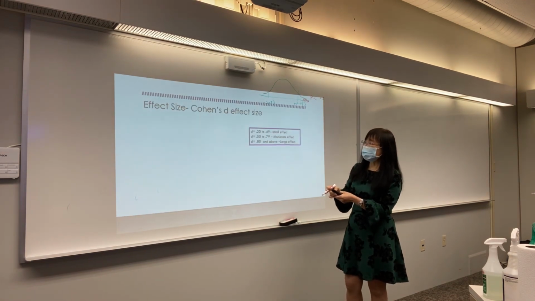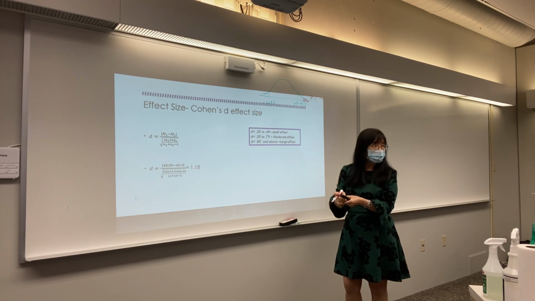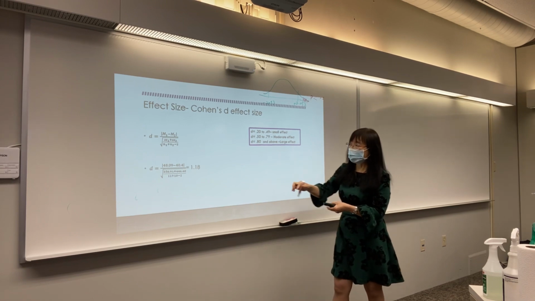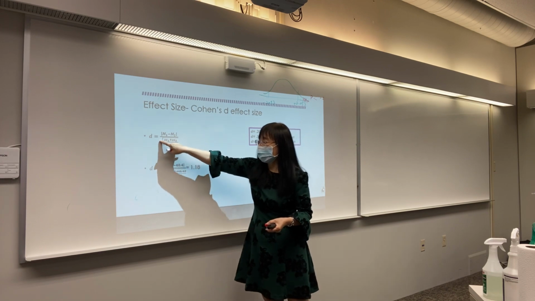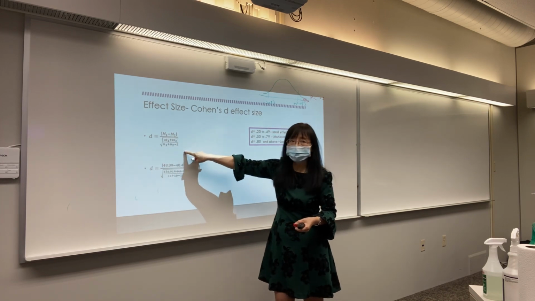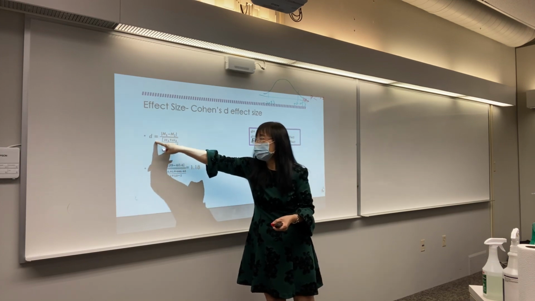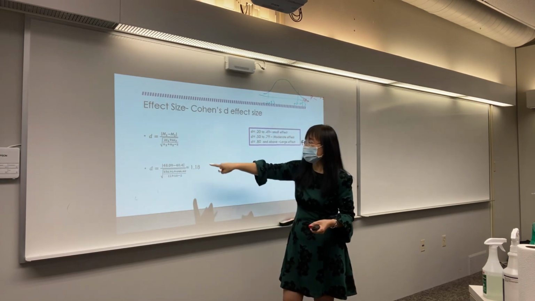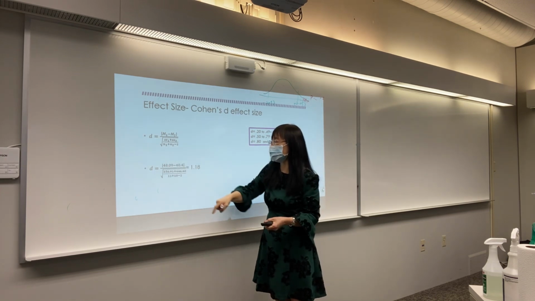Okay. So then, since we reject, we have to calculate Cohen's effect size. And this time they have this. That's the first part of your standard error of difference. So make sure you use this number. That's SS1 plus SS2 divided by N1 plus N2 minus 2.